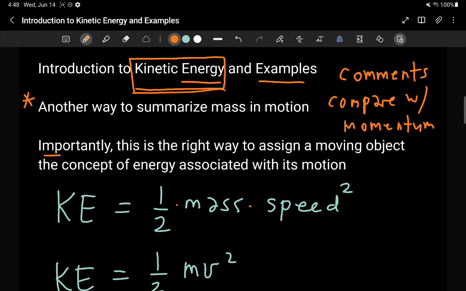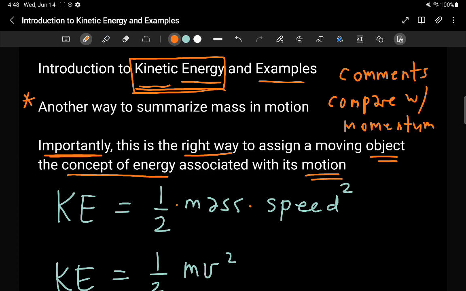But very importantly, and I think this is very interesting, this thing called the kinetic energy is the right way to think about the concept of energy associated with objects with motion, right?